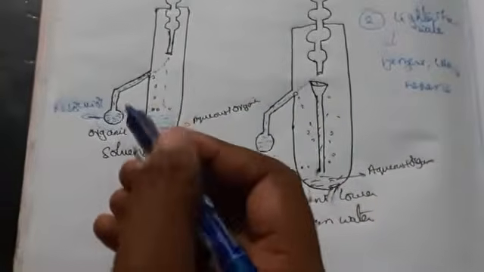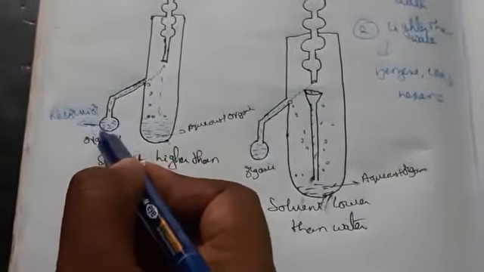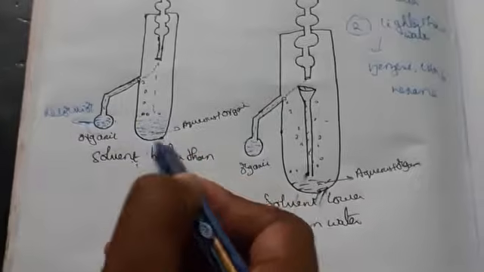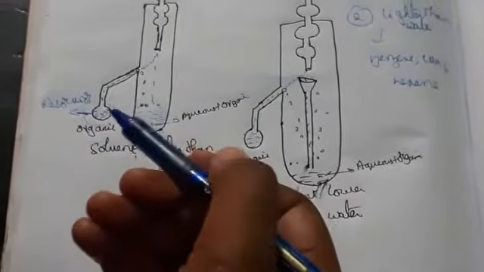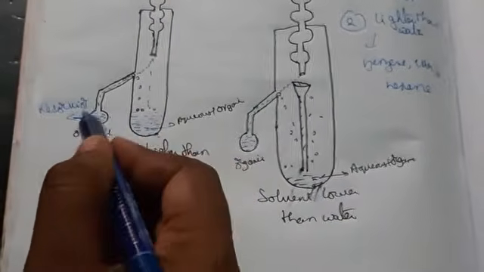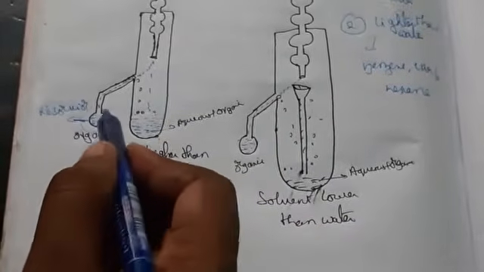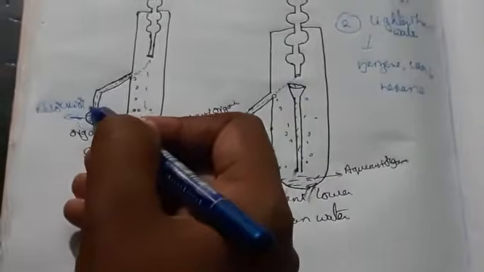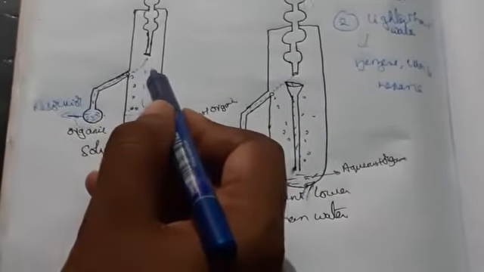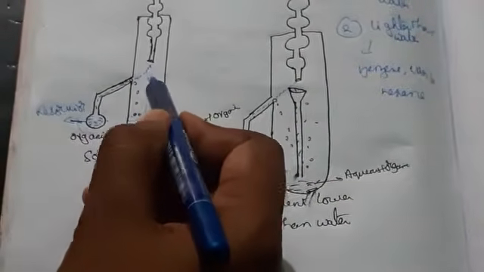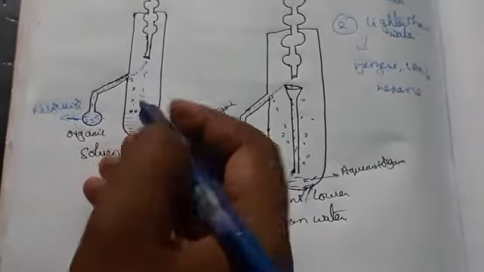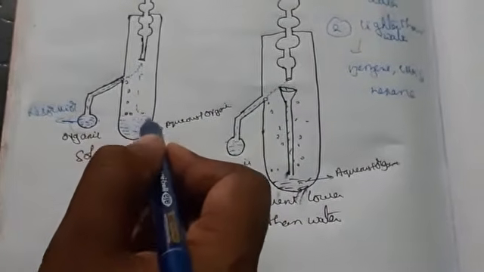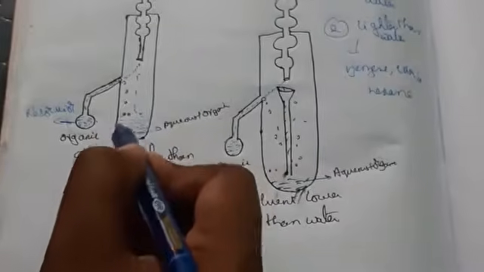Listen carefully, once again I am saying, in the reservoir I am taking the organic compound, here also the organic compound. This organic compound is heated. Whenever you are heating it, it starts to give vapors. The vapors go through the condenser and the condenser gives vapors dropwise to the organic compound.